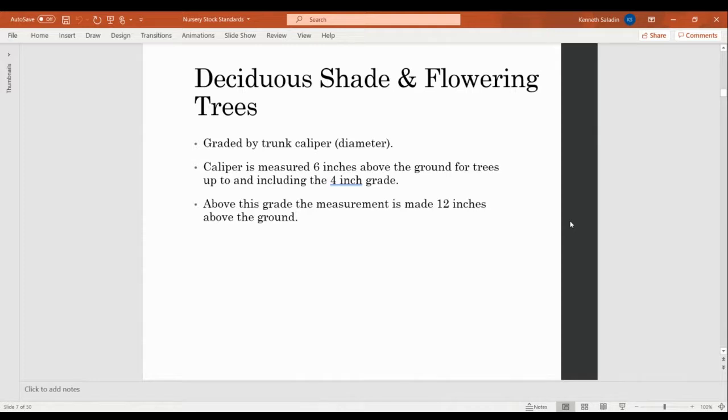I mean, do we measure it 6 feet above the ground? Do we measure it right at ground level? Well, for most trees that we grow in the nursery, we're going to take the measurement 6 inches above the ground. But for trees that are large caliper trees, we're going to be taking that measurement 12 inches above the ground. And let me explain to you why that is.